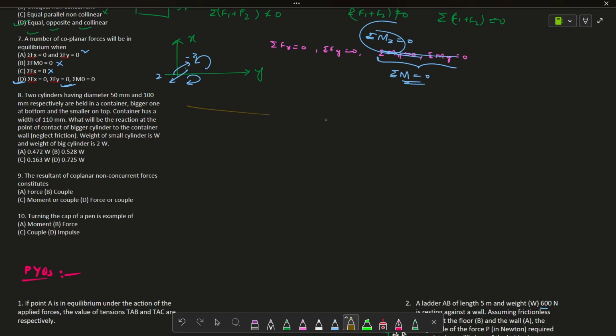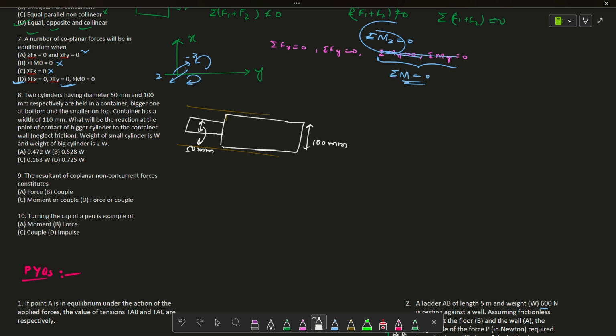So two cylinders having different diameters, 50 mm and 100 mm respectively, are held in a container. Let's say a container is there. Let's suppose the bigger cylinder is this one and the small cylinder is this one. This is having 100 mm diameter and this one is having 50 mm diameter, right?